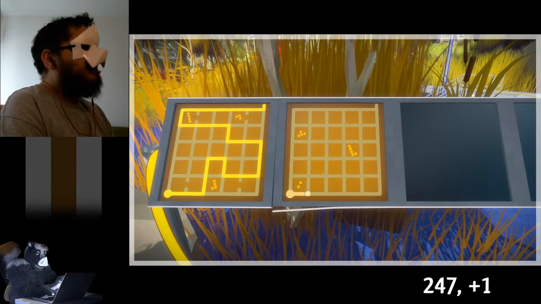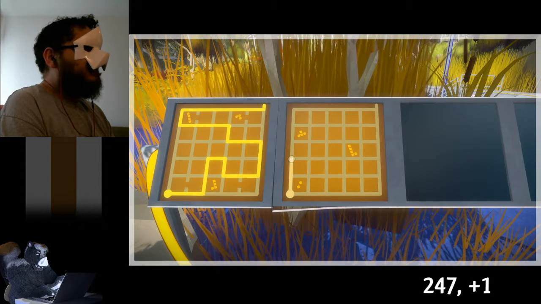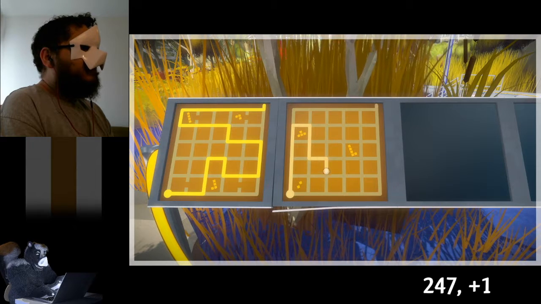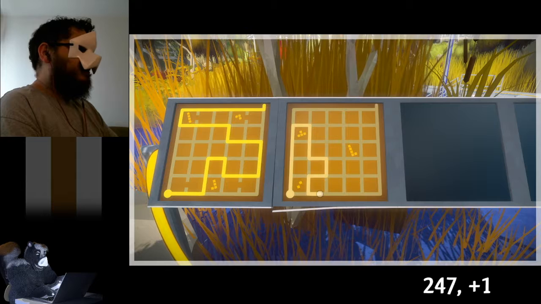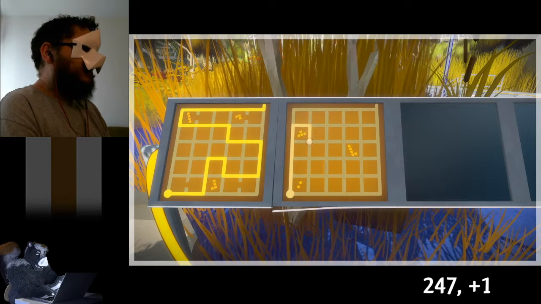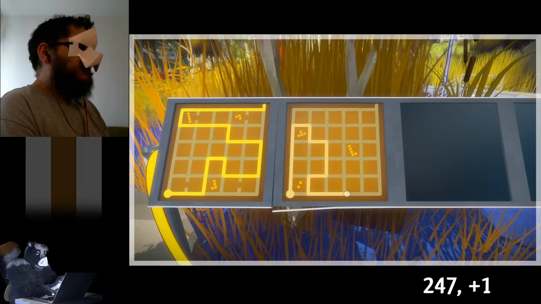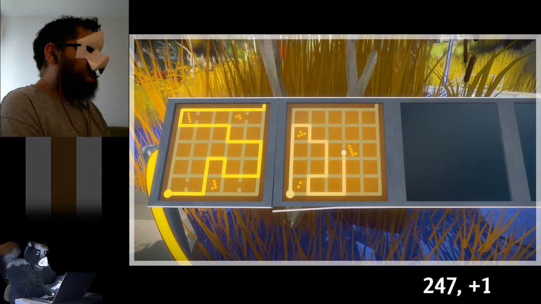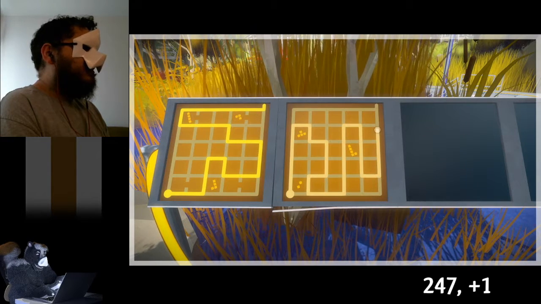Oof. Why you do this? Okay. So that's 2 discontinuous and 1 T block. And then this goes up 4. Okay.